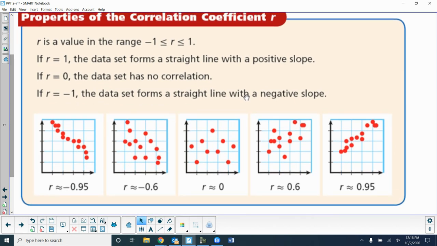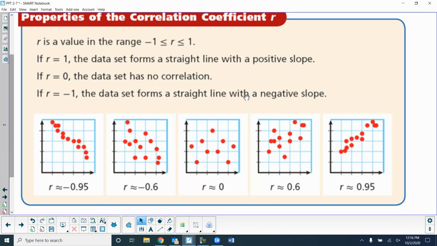So if we're looking at this one, these are pretty close to a straight line, and they're pretty tight together. This is approximately a -0.95 correlation. So these two variables, whatever they represent, are pretty well related, pretty strong connection. This one, you can still kind of tell it's going this way if you were to draw a line in here, but it's a moderately negative correlation as far as strength.